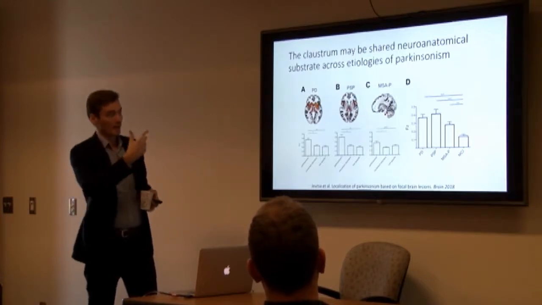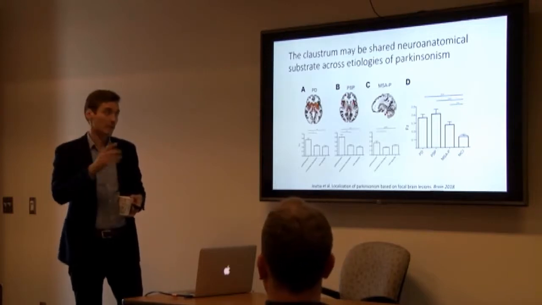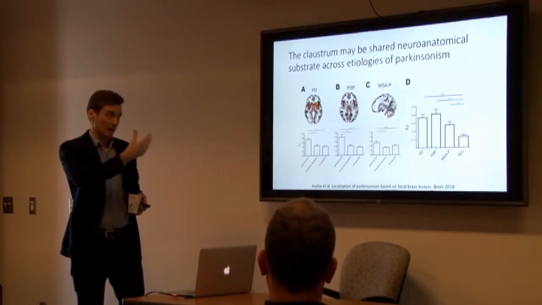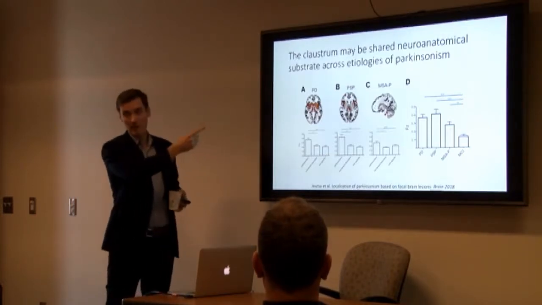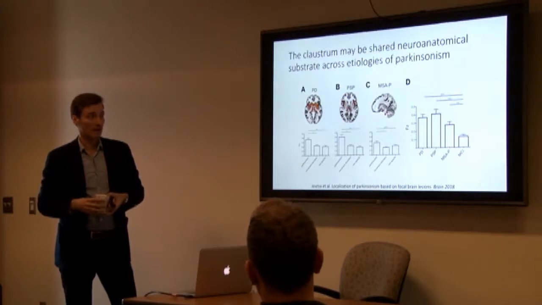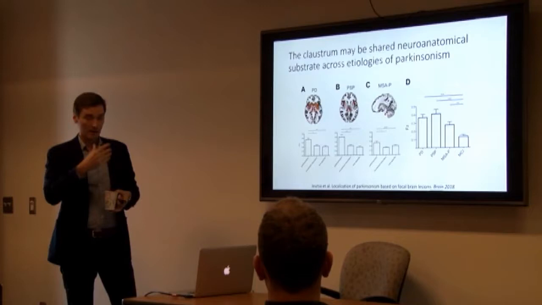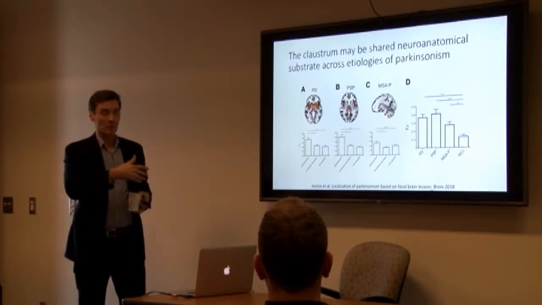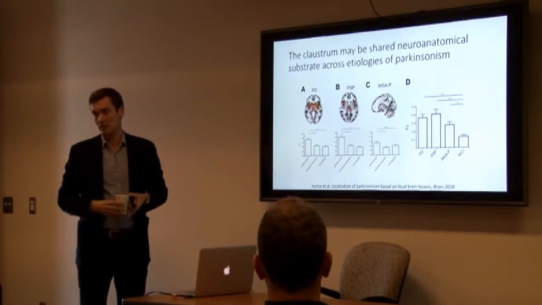We then analyzed whether our lesion location connectivity predicted this atrophy pattern, and that was the case. We repeated the same analysis with pseudoatrophy maps for progressive supranuclear palsy and multiple system atrophy, which both cause Parkinsonism. And again, our lesions showed more connectivity to these regions than some other lesions.